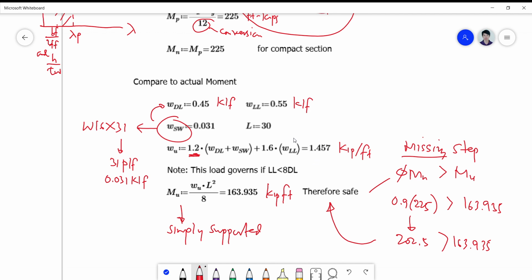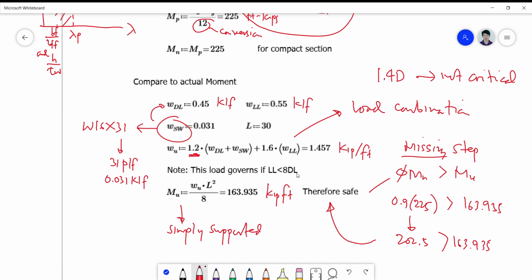So this is the load combination we are going to use, no? The other load combination, 1.4 dead, is actually not critical. So this is not a critical combination. So the governing load combination is this one. Take note that always this will govern compared to this load combination when your live load is less than 8 times the dead load.